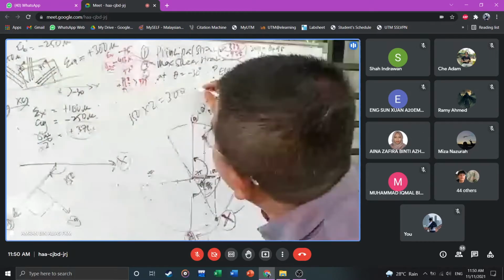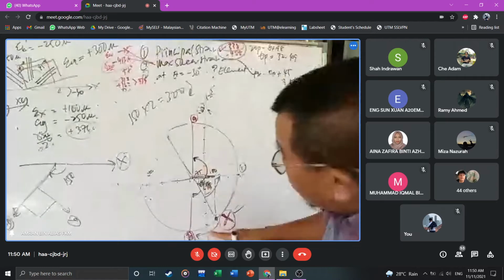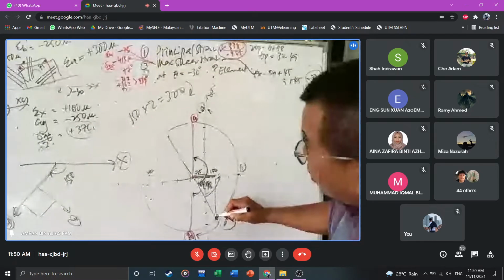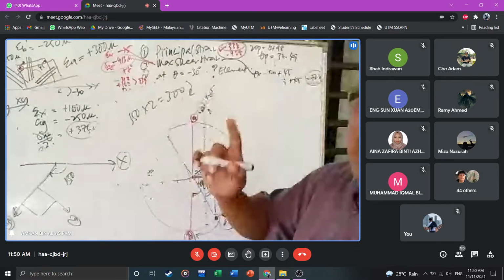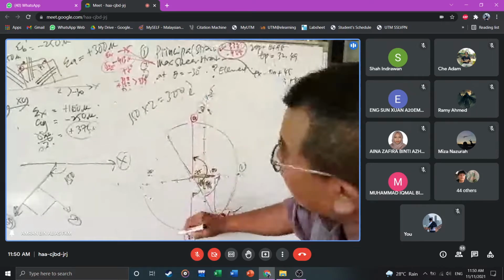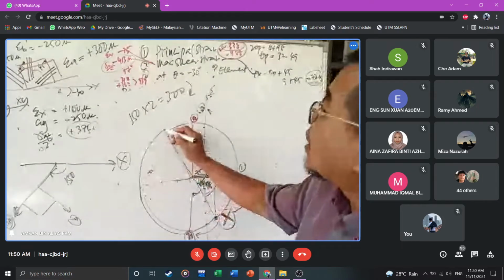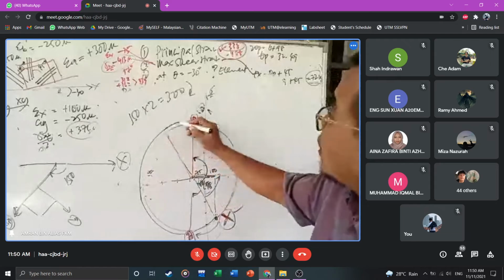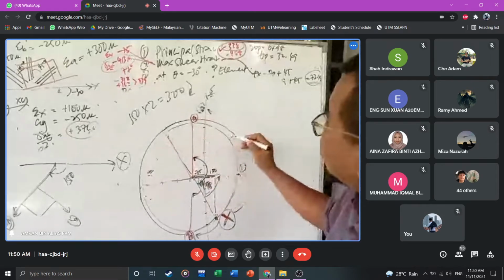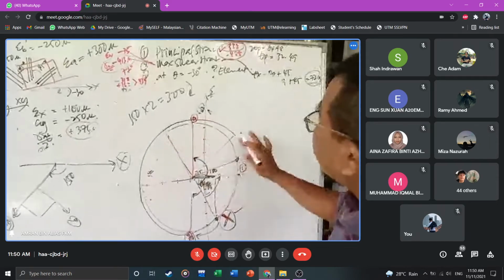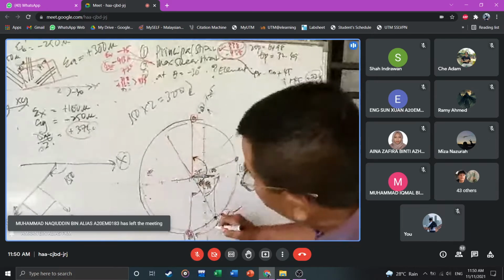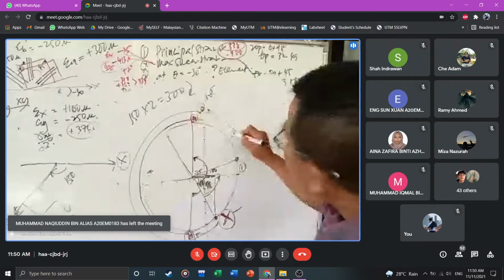From X, you go 300 degrees clockwise. Go slowly. 90 degrees, 180 degrees, 270 degrees, 300 degrees there. This is where you go from here, up until there.